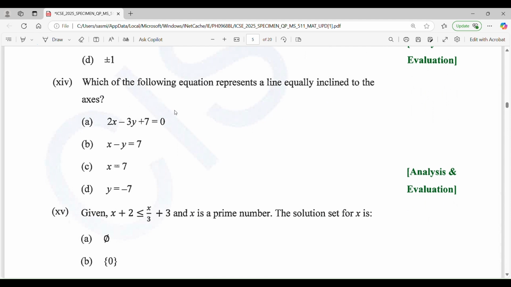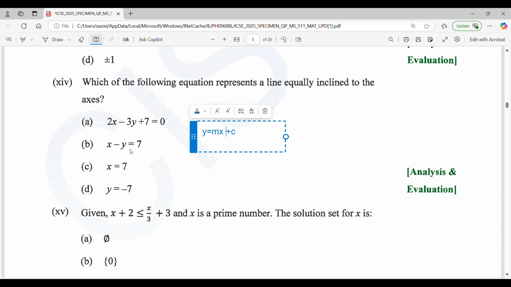Now, which of the following equations represents a line equally inclined to the axis? Use the formula for the equation of a line, y equal to mx plus c. Which one among these is y equal to mx plus c? This is 2x minus 3y plus 7 equal to 0.